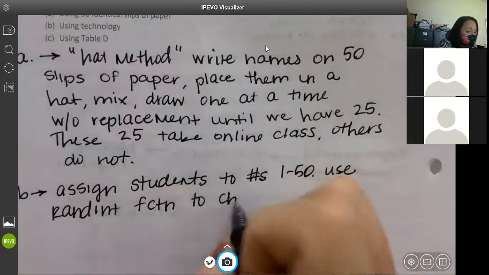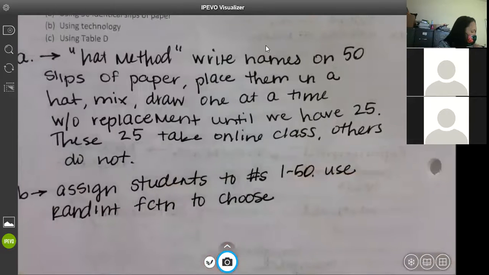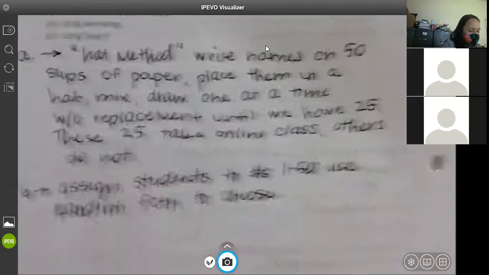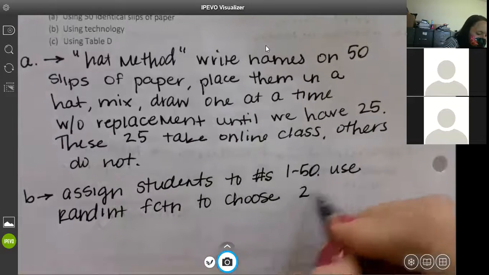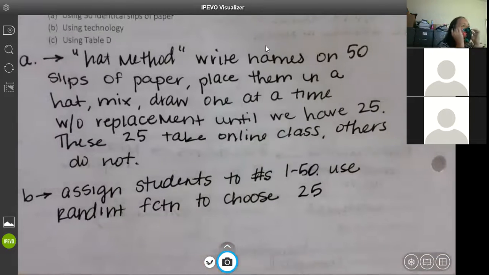To choose what? Like the sample. Okay, but how many? What happened one time when we used our random integer, when we were calling those hotels or whatever? What happens? Can we have repeats? No, the student can't take the course twice. So what do we got to make sure that we put in here?